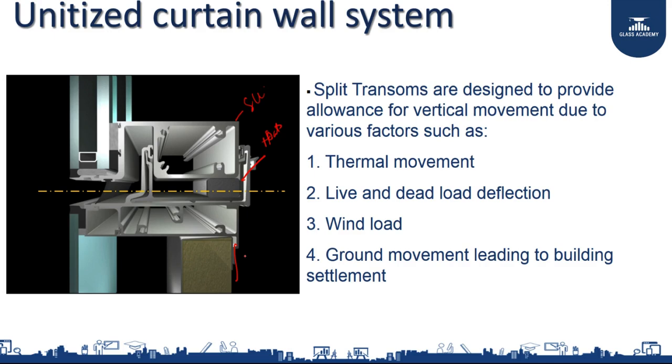And third one, the most critical one, wind load. So, the system you design has to take care of wind load as well. See, when wind is blowing, sometimes you have typhoon. If you get a too rigid system, what will happen?